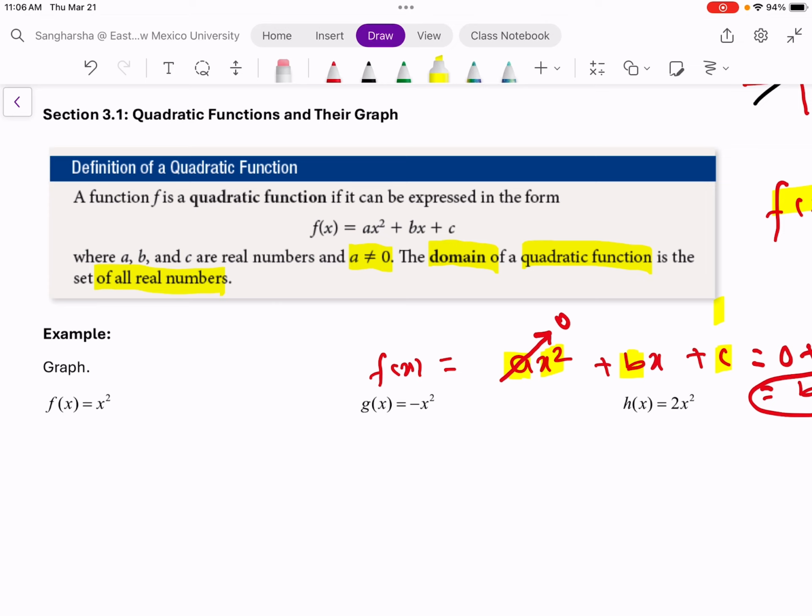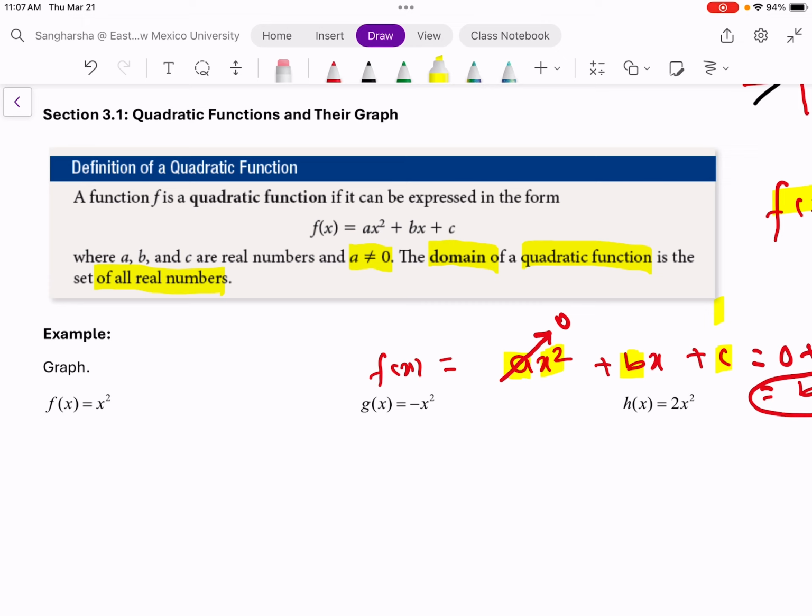Now, what does it mean? What does it mean by the domain of a quadratic function is all real numbers? Okay, all real numbers is from negative infinity to positive infinity. What does it mean by domain? The inputs are all real numbers.